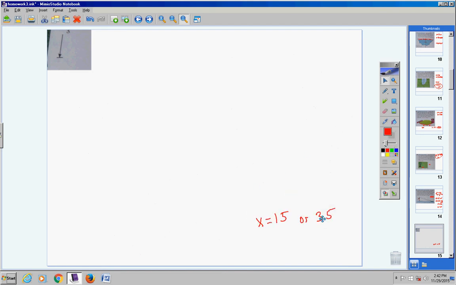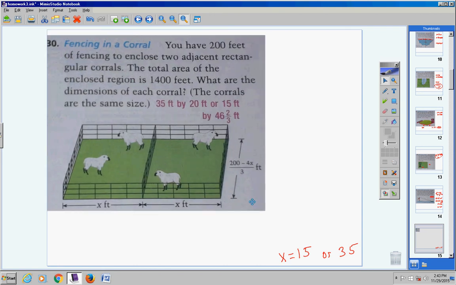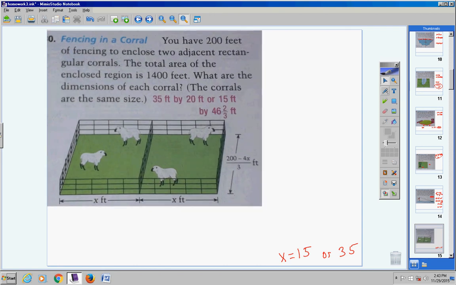Alright, let's pull this back onto the scene here and see what happens. First of all, let's use this answer first. Forget this one. Let's use 15 for my answer. Where x is, I'm going to put 15, so there's a 15 here and a 15 here. So this whole length right here is how long? 30, 15 plus 15.